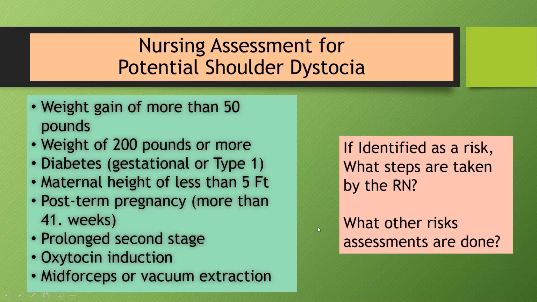These are all signs that you need to be thinking of potential shoulder dystocia. Also oxytocin induction and mid-forceps or vacuum.